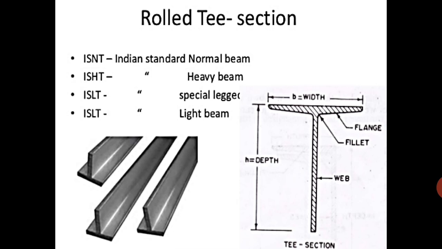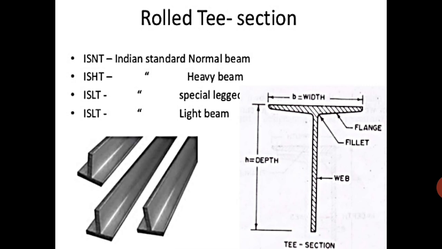Rolled T sections. There are 4 sections: ISNT, ISHT, ISST, ISLT. ISNT is Indian Standard Normal Beam, second is Indian Standard Heavy Beam, third is Indian Standard Special Leg Beam, and fourth is Indian Standard Light Beam.